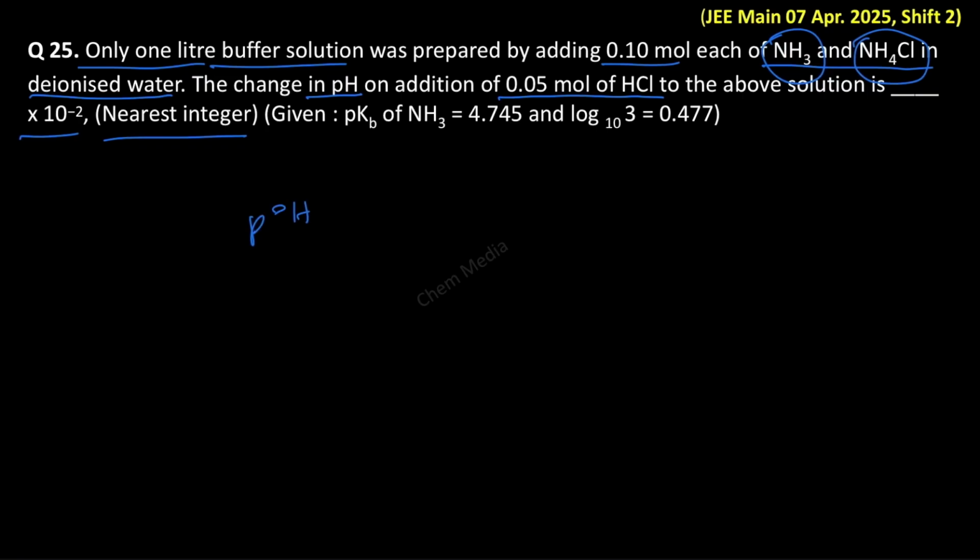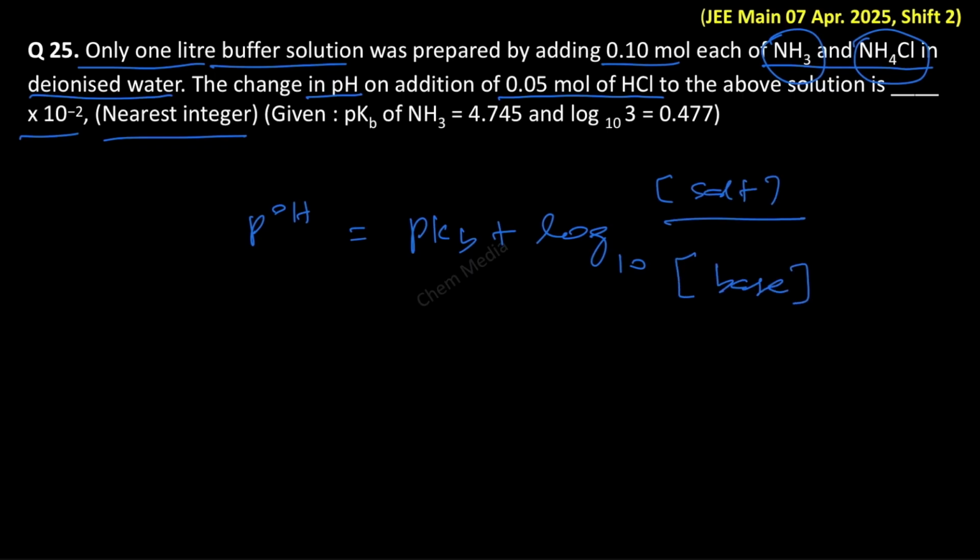So therefore we have a basic buffer here. Therefore as per the Henderson-Hasselbalch equation, pOH is equal to pKb plus log of the concentration of the salt divided by the concentration of the base. The salt is basically the conjugate acid. So therefore this is equal to 4.745 plus log of the ratio.